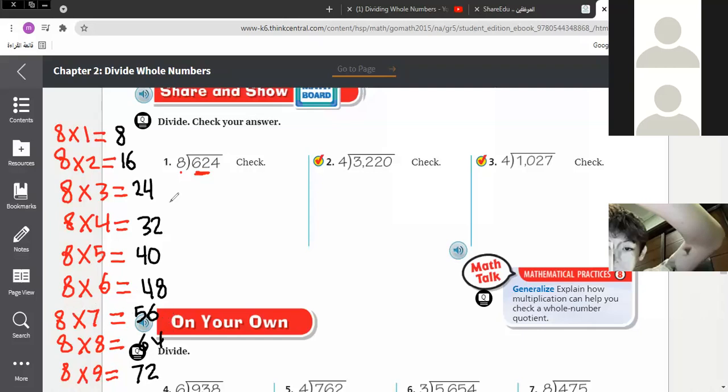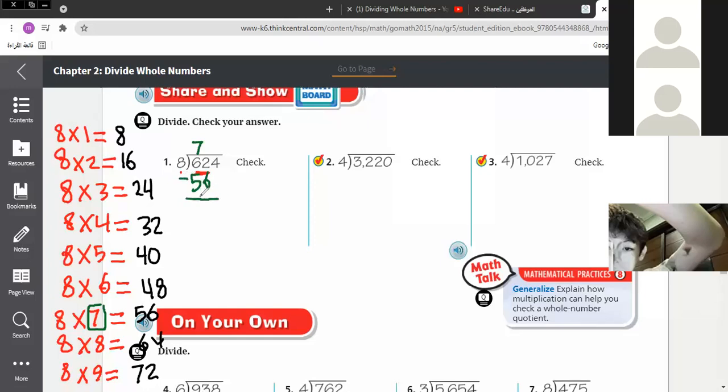That's it, 56. So 62 divided by 8 is 7, because 8 times 7 is 56. So write 7 on the top, and then write 56 down. Okay? Then do subtraction.